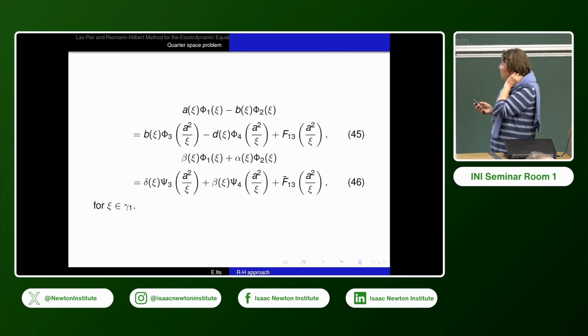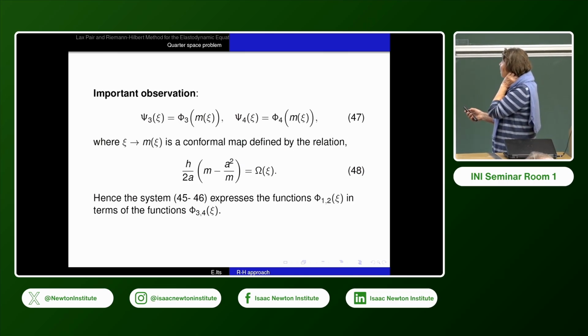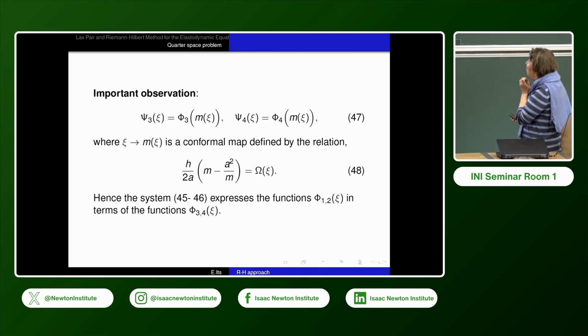But the fact is that in reality, the functions phi3 and phi4 could be given in terms of phi3 and phi4 under a certain map.